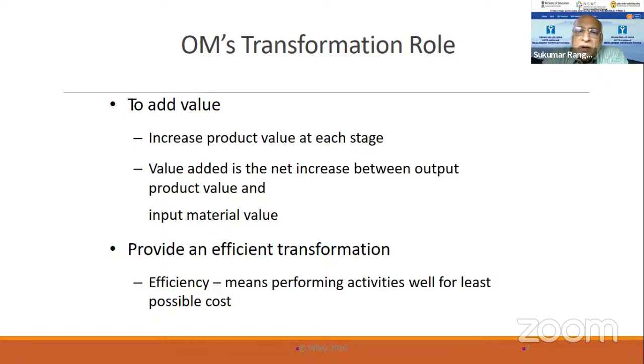So transformation means productivity. Transformation or the operations means efficiency. It also means quality, which we will understand at a later stage. All these are interconnected. Quality, productivity, efficiency, all these are interconnected.